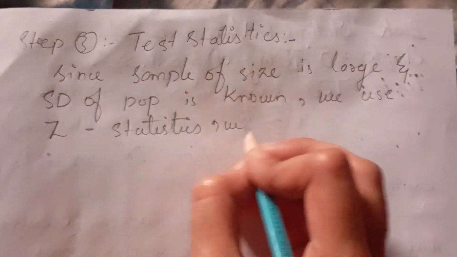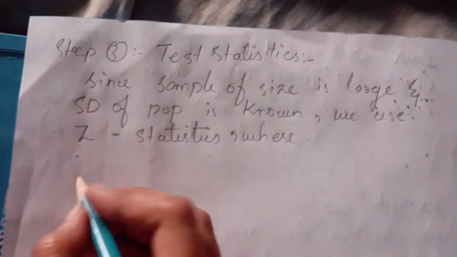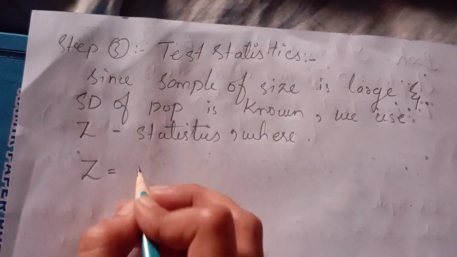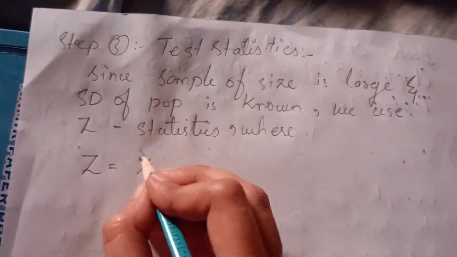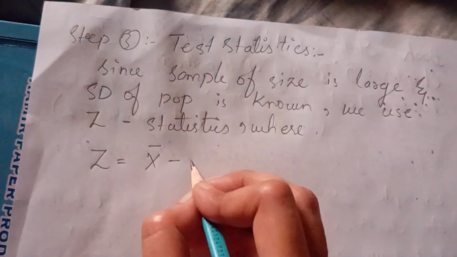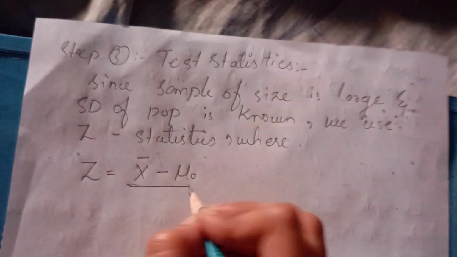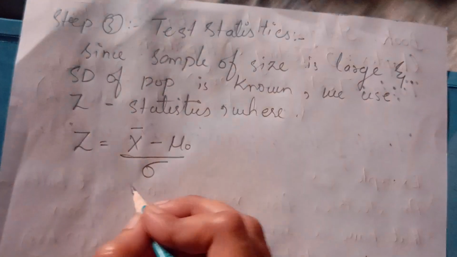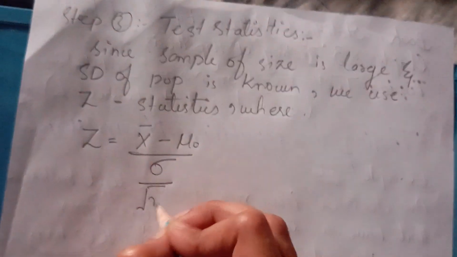Okay, so where Z statistics is z equals x bar minus mu naught over sigma over root n.